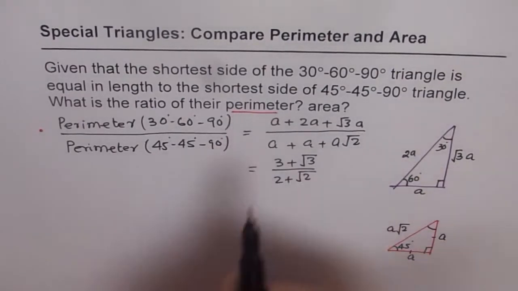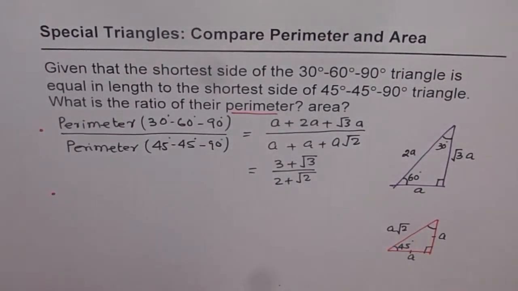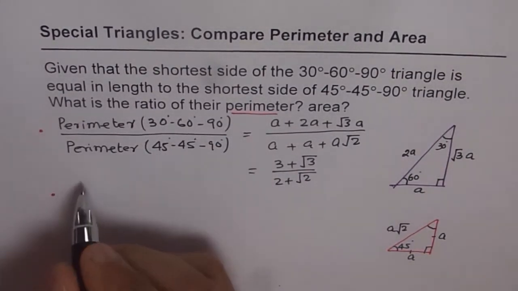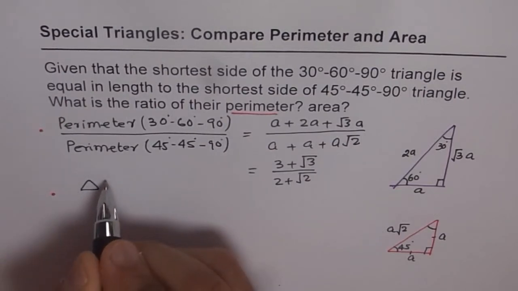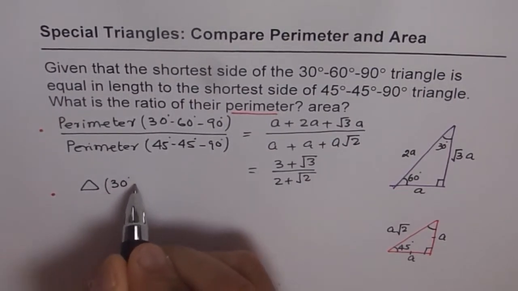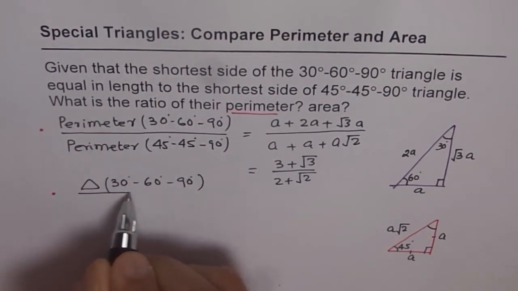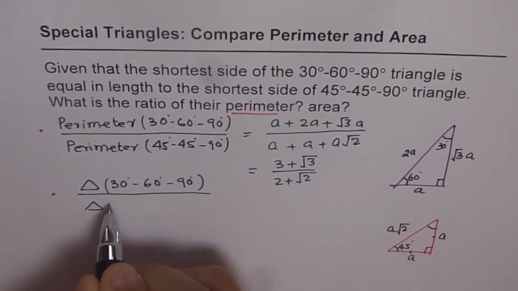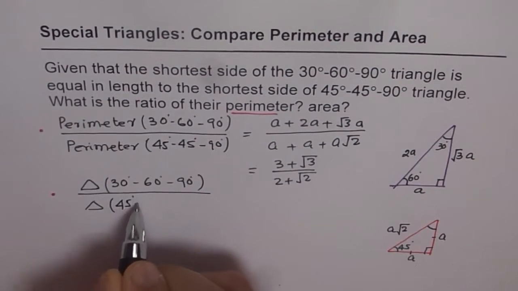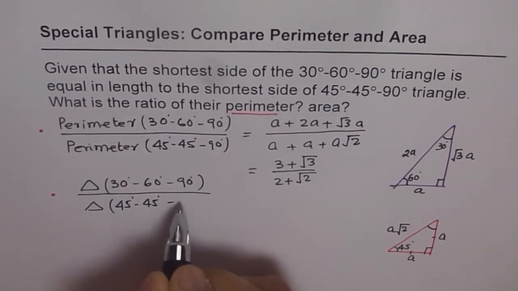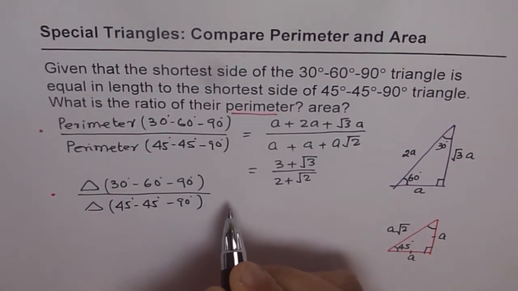Is that okay? Now let's do the comparison of areas. So this time I'll write the area of the triangle 30, 60, 90 over the area of the triangle 45 degrees, 45 degrees, 90 degrees. So what is area equal to?